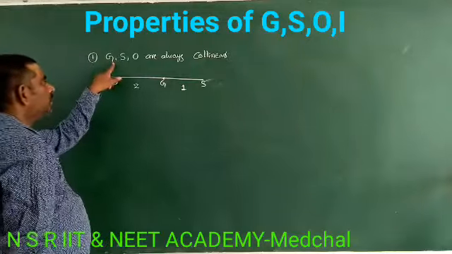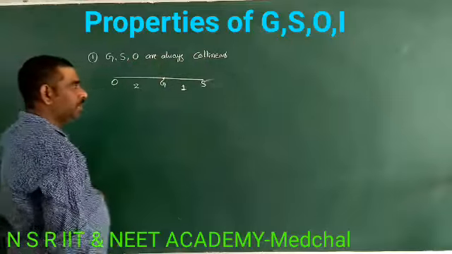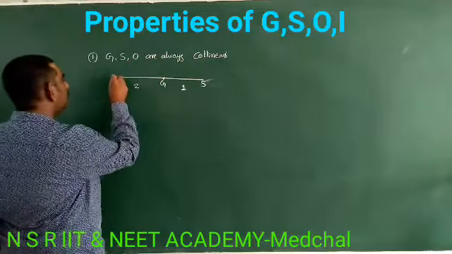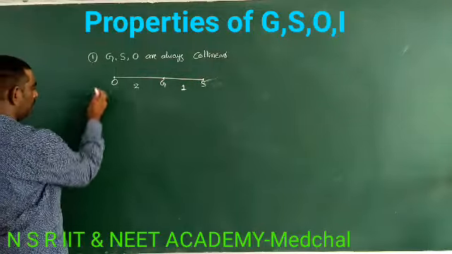So G, the centroid, circumcenter and orthocenter are always collinear points. G divides the orthocenter and circumcenter in the ratio 2:1 internally.